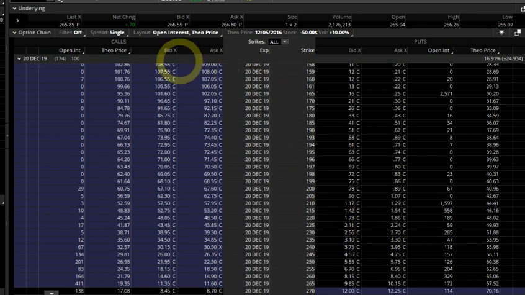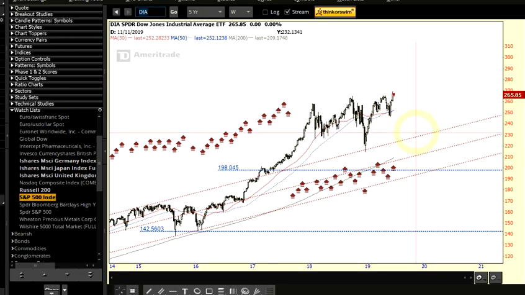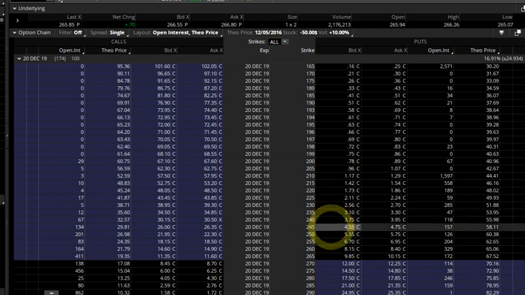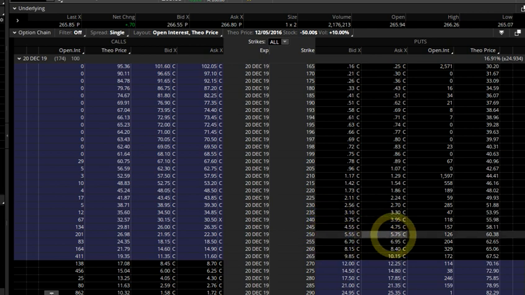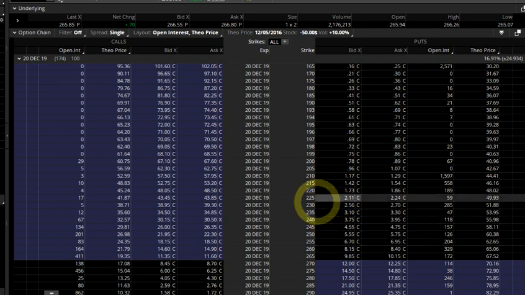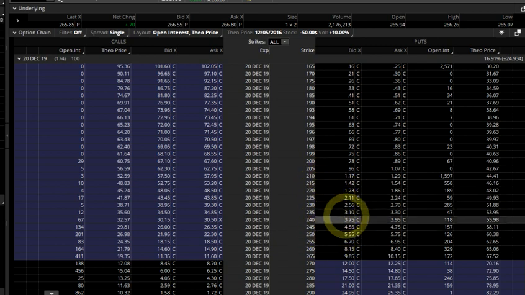If you bought the 250 and you traded it down to 210, same thing, $5. And if it went to 210, that'd be about $40, about $45. So it's about the same trade at this point, which makes sense. The implied volatility is about the same.